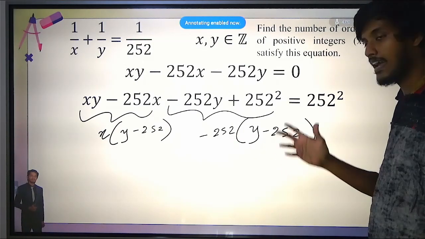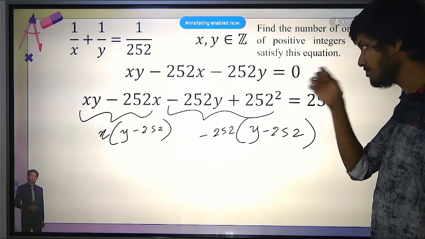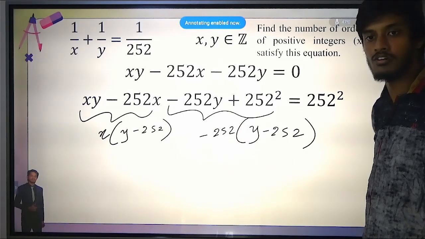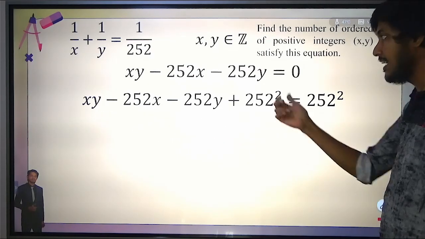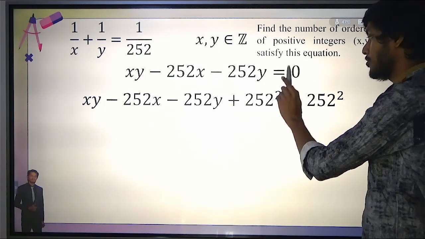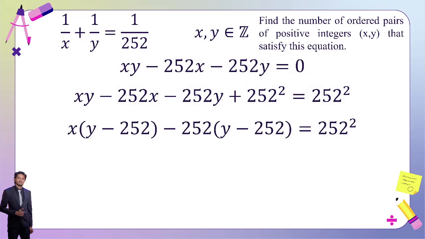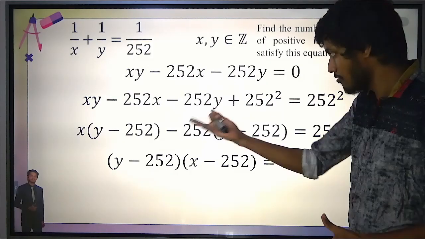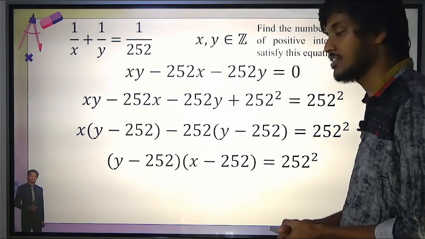That is the reason I have added 252 squared to both sides of the equation. So, I have y minus 252 as a common factor on the left hand side. So, if I proceed, I can write it like this. Take y minus 252 out and then write 252 squared as a product, y minus 252 times x minus 252.